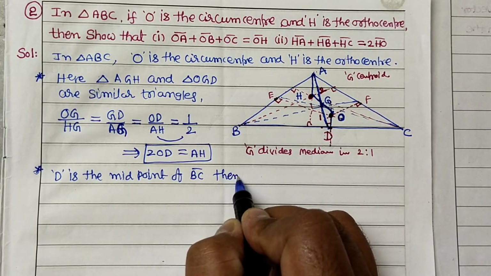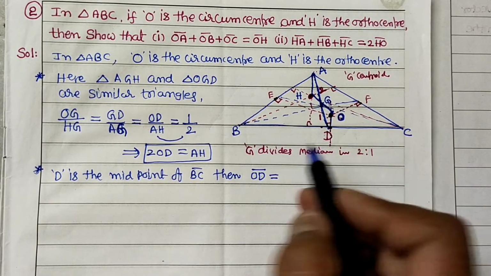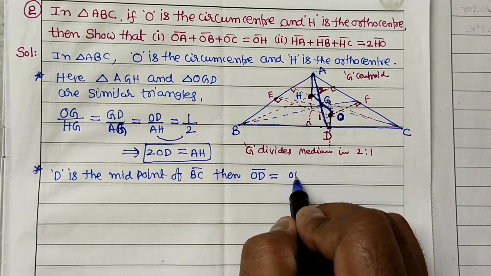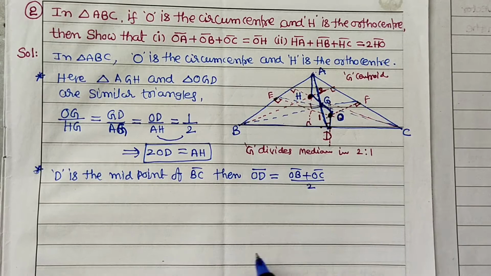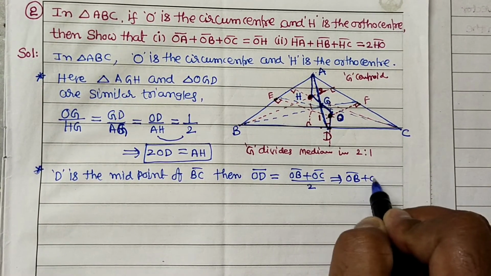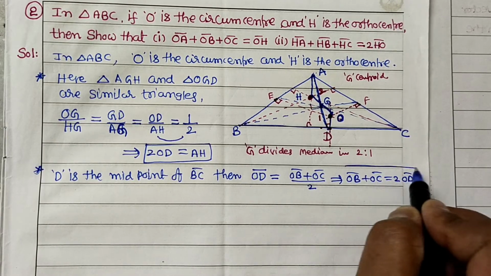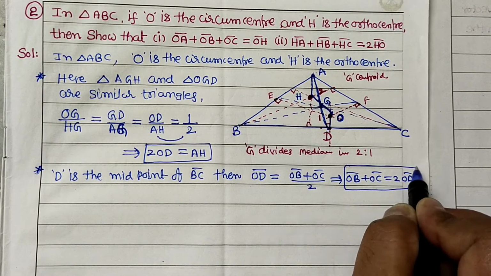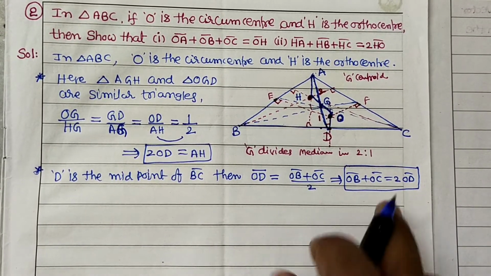Then the position vector of D we can write as OD bar equal to OB bar plus OC bar by 2. Midpoint. So if you do the cross multiplication, OB bar plus OC bar is equal to 2 times OD bar. So keep in mind these two important points.